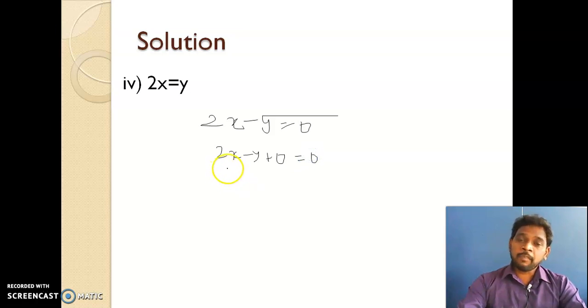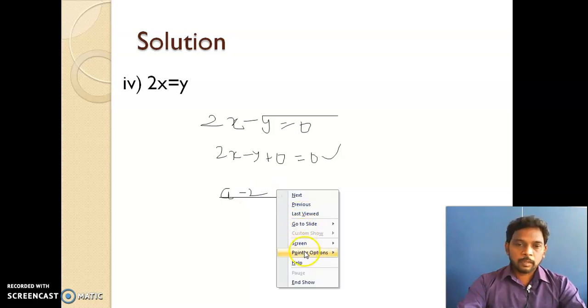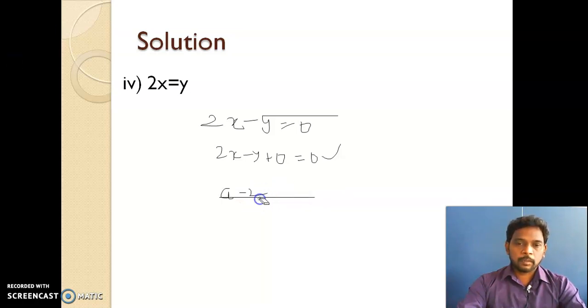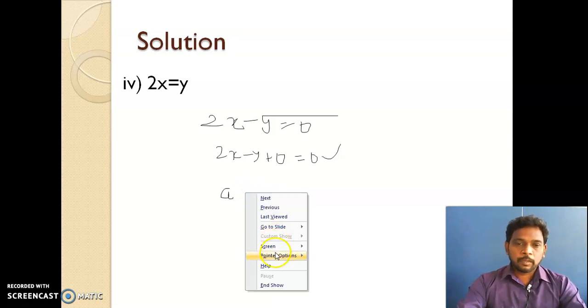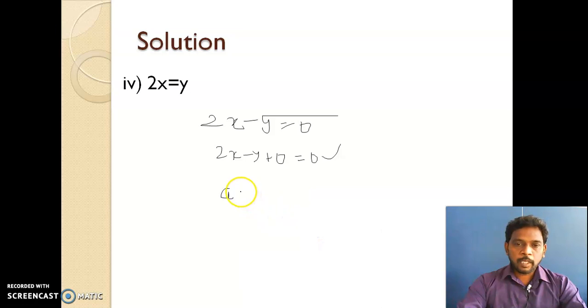Now if we compare this to the general form, the coefficient of x is nothing but a, that is a equal to 2. So a equal to 2 and b equal to minus 1 and c equal to 0, right?